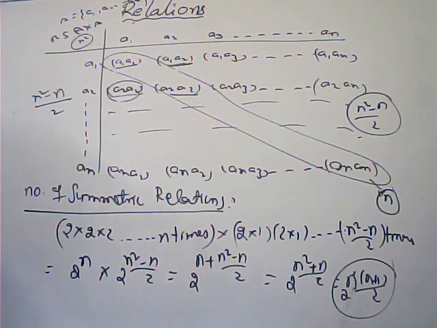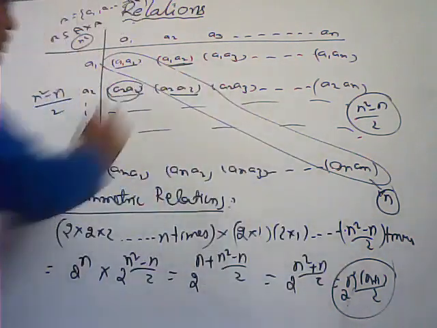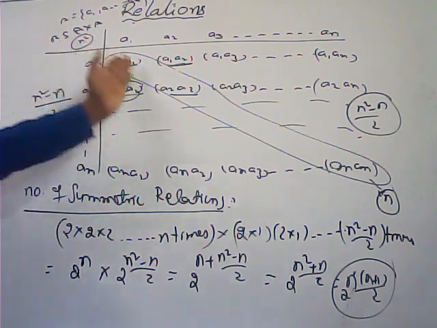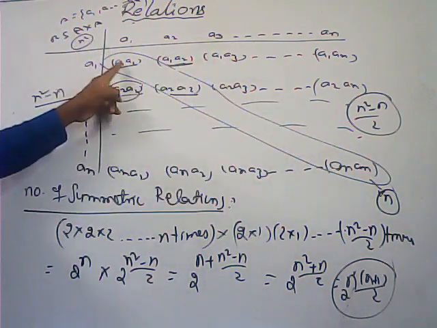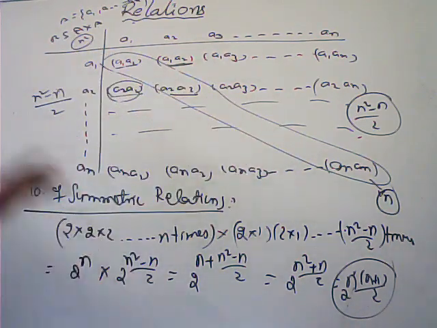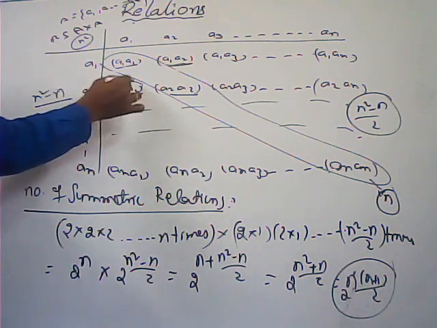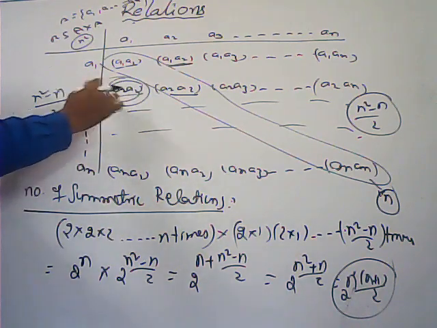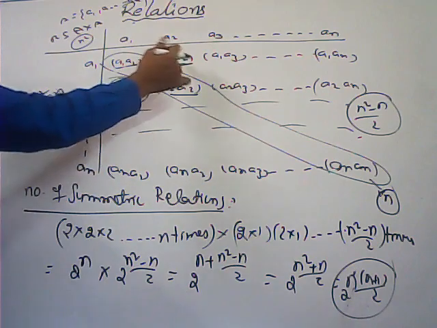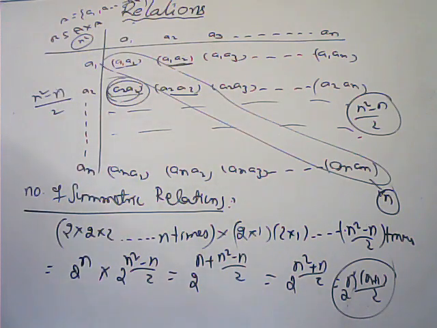Here also anti-symmetric is the same only. Number of anti-symmetric relations is also 2 power n into n plus 1 by 2. Why? Because here also you can write the same thing, 2 into n times 2 power n. If you select that one, here selecting or not selecting, two ways are there. If you don't select that one, only one possibility is there.